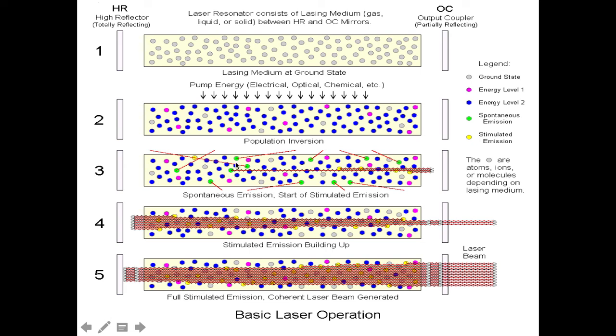In this third stage, photons emitted in a direction other than along the direction of the optical axis or parallel to the optical axis are removed from the system, and photons emitted in a direction along the optical axis can be reflected by the 100% reflecting mirror or by the partially reflecting mirror.